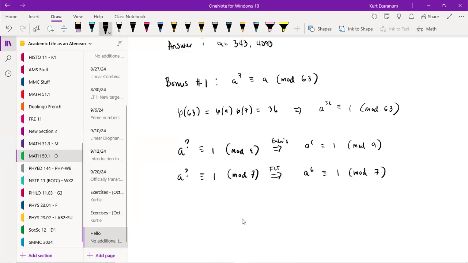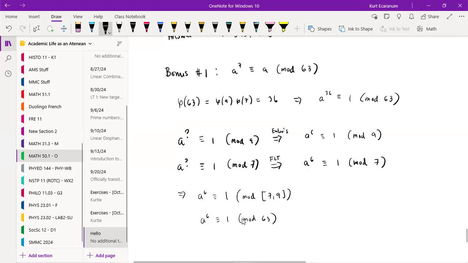This means we can combine them using the previous theorem. Since the left sides of the congruences are the same, a to the 6 is 1 modulo the LCM of 7 and 9, which is a to the 6 congruent to 1 mod 63.